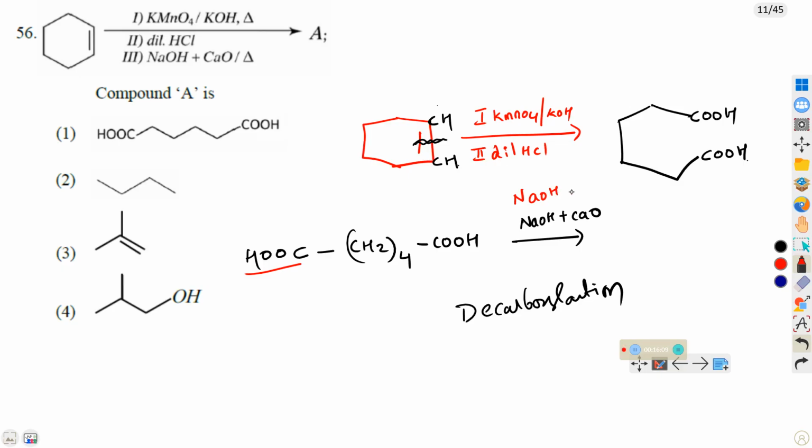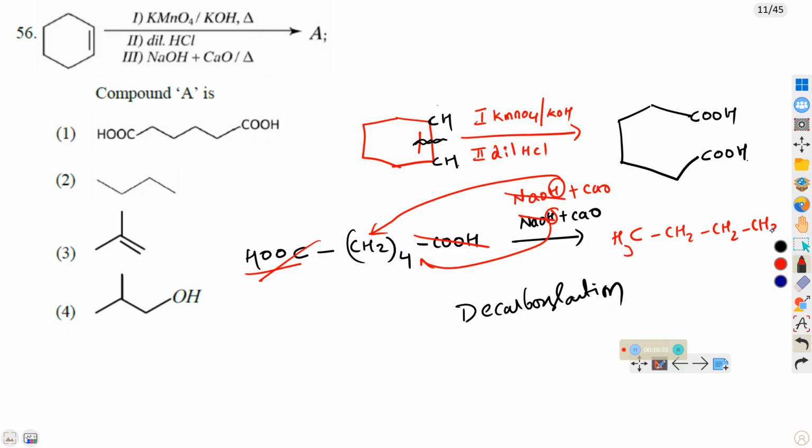Add 2 moles of NaOH, CaO. Then Na2CO3 is eliminated. Remaining CH2 taken. Alkane is formed. Add hydrogen one side, this hydrogen another side. That means CH3, CH2, CH2, CH3 is the product. Second one is the correct answer.